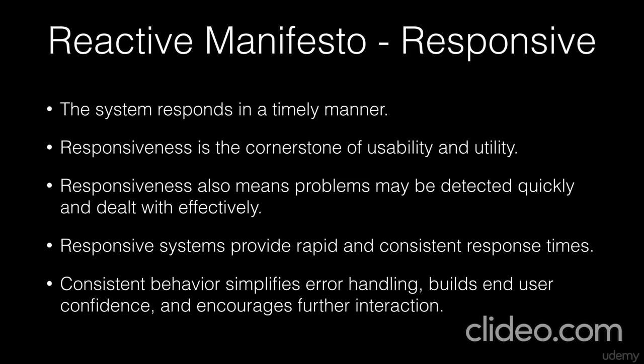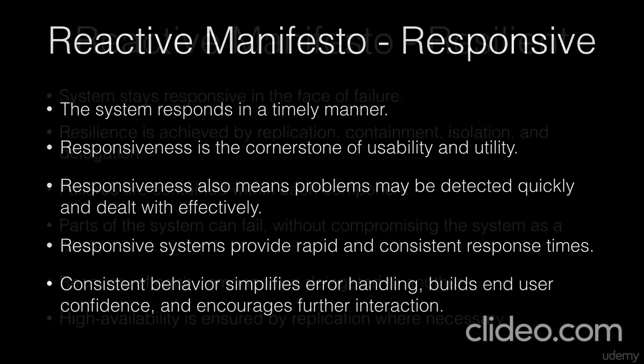So think about if you're using Facebook. Usually Facebook works pretty consistently for me, but there's times when it's slow and I get frustrated with that. And it's usually when I'm on my mobile and have a bad data connection. So having a consistent response is important for your end users.